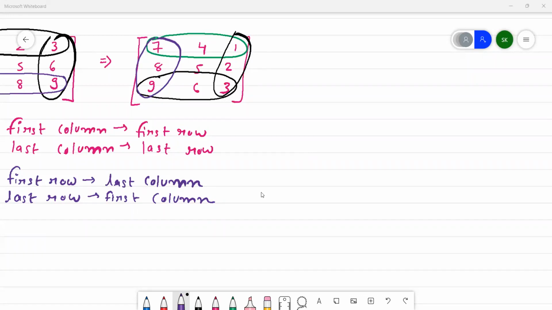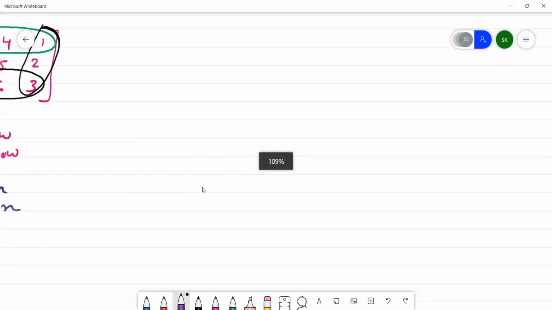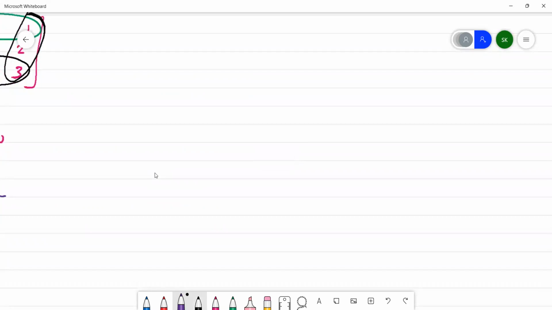All right. Now let's see the same example with 16 digits in a matrix, of size 4 by 4.